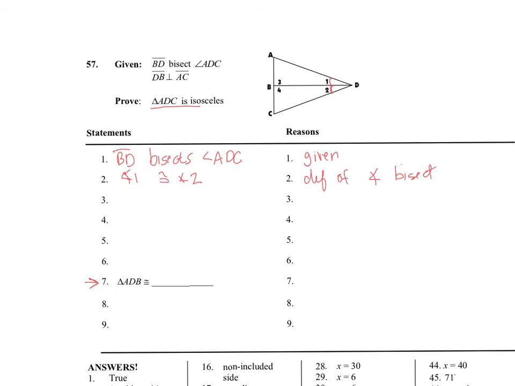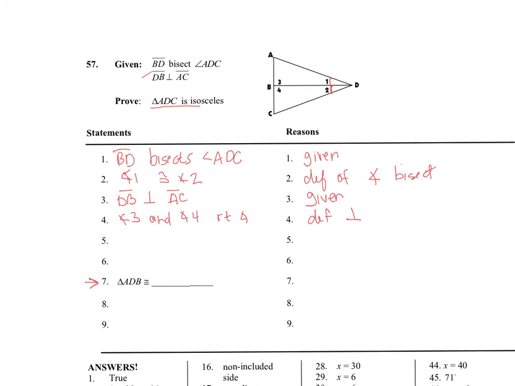So I'm going to go to the next given statement, which says that segment DB is perpendicular to segment AC, and that is given. Now, once we know that that is perpendicular, then we know that angle 3 and angle 4 are right angles, just because of the definition of perpendicular.